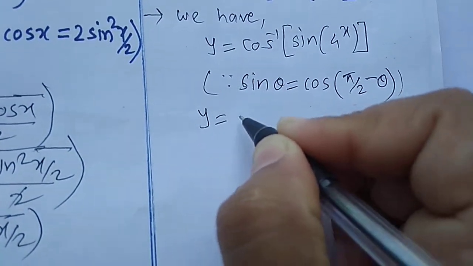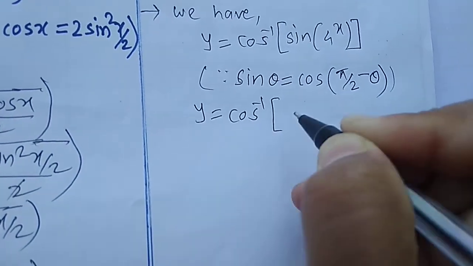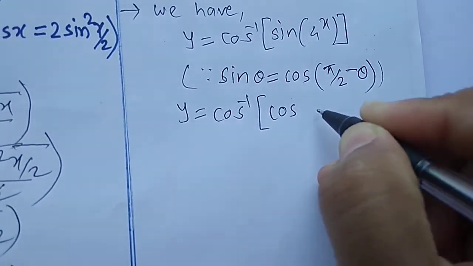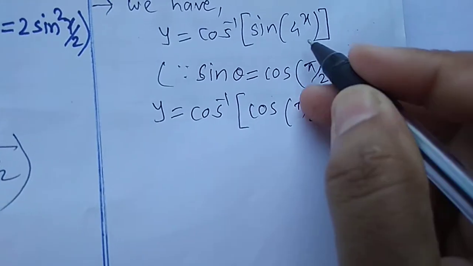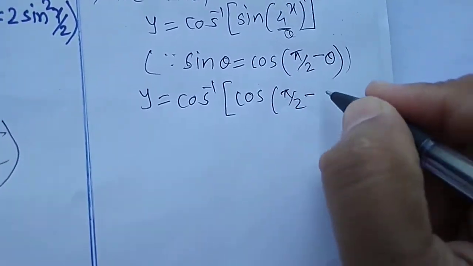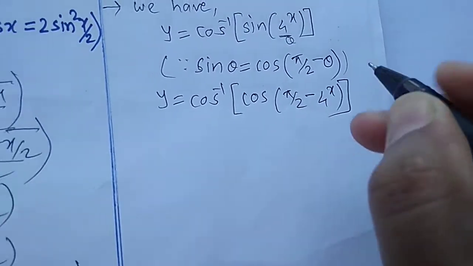Therefore y is equal to cos inverse of cos of (pi by 2 minus 4 raised to x), where theta means 4 raised to x.